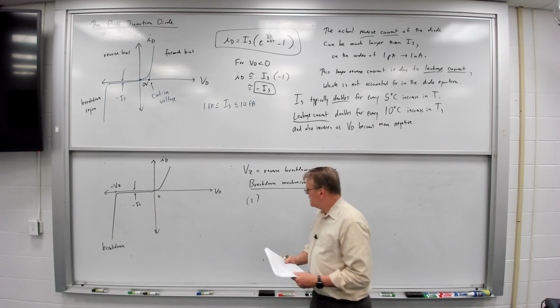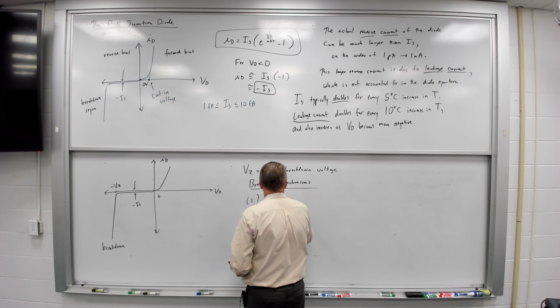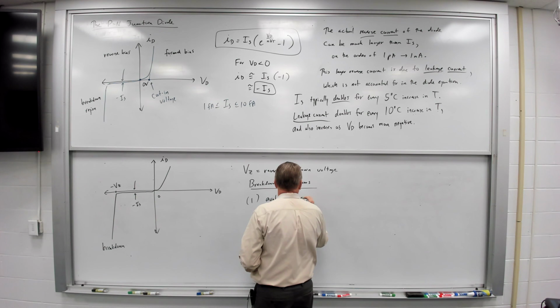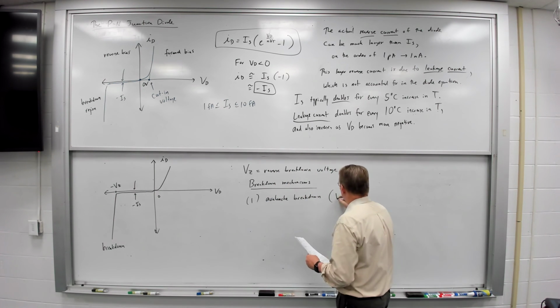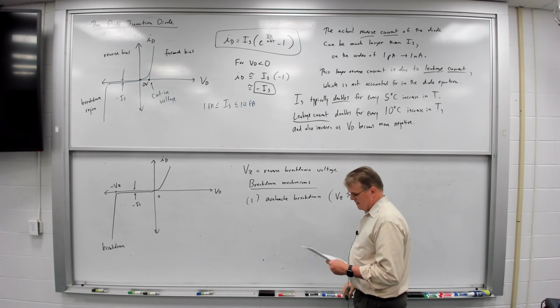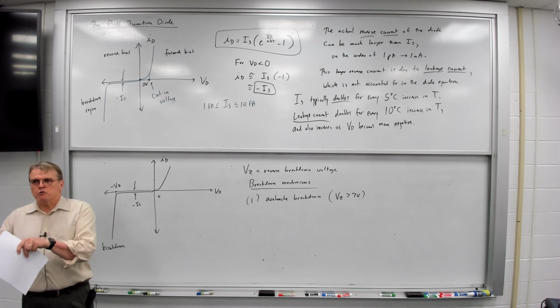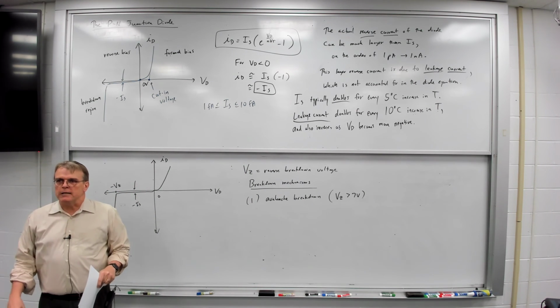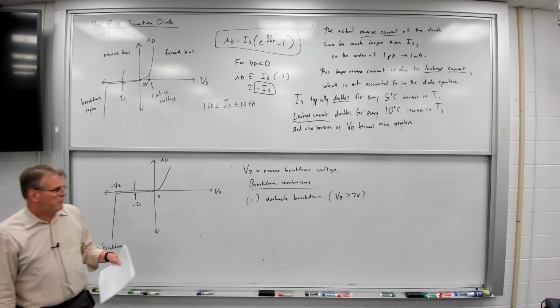The first is avalanche breakdown, and this happens for values of VZ greater than 7 volts. It's basically due to minority carriers crossing through the depletion region and breaking covalent bonds, causing current to start to flow.